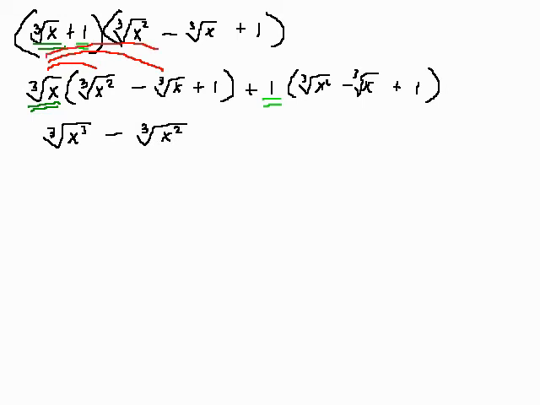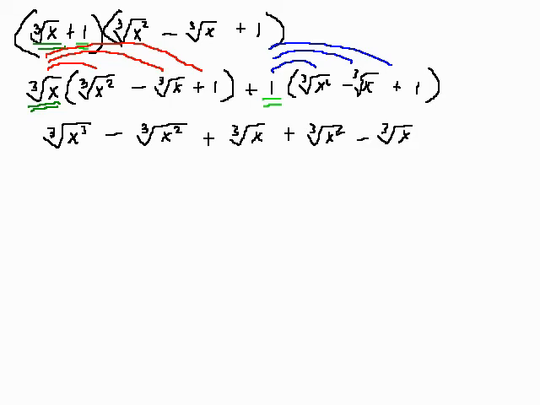And then, of course, 1 times anything is itself, so we will get plus the cube root of x. Now, the second ones we distribute through. 1 times anything here is just going to keep that second parentheses the same, but I like 1. It doesn't change anything. So that would just be what's in the second parentheses.